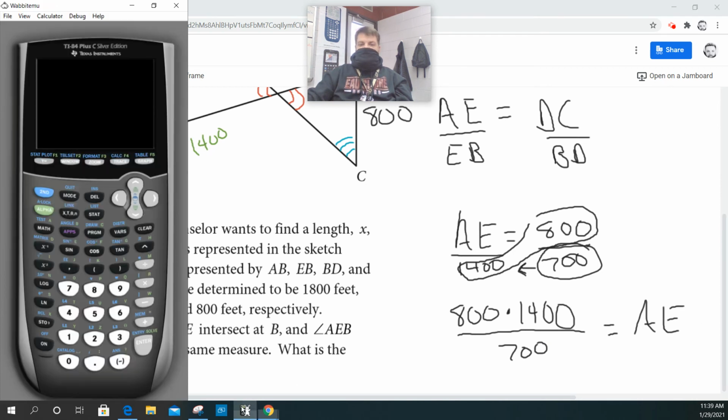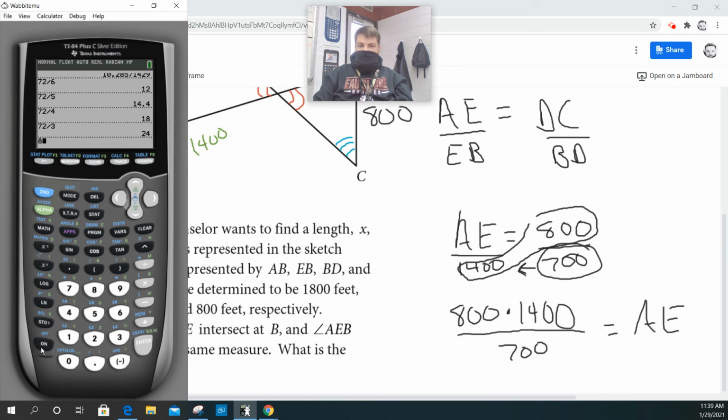So I'm just going to plug this in the calculator. 800 times 1400 divided by 700. 1600. That's what I thought. All because I read my book in school.